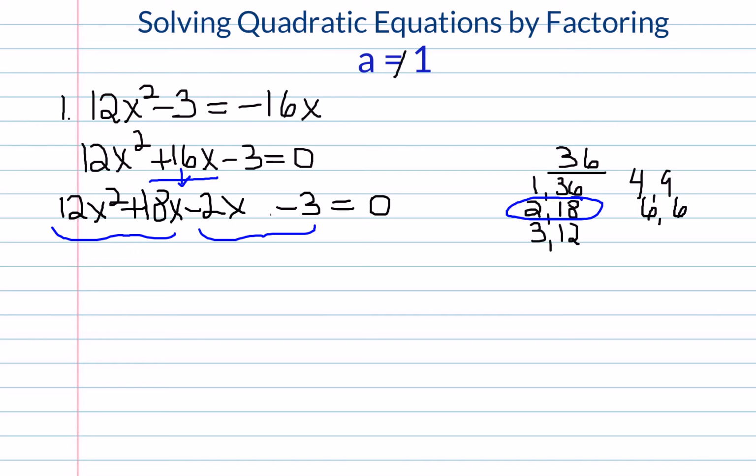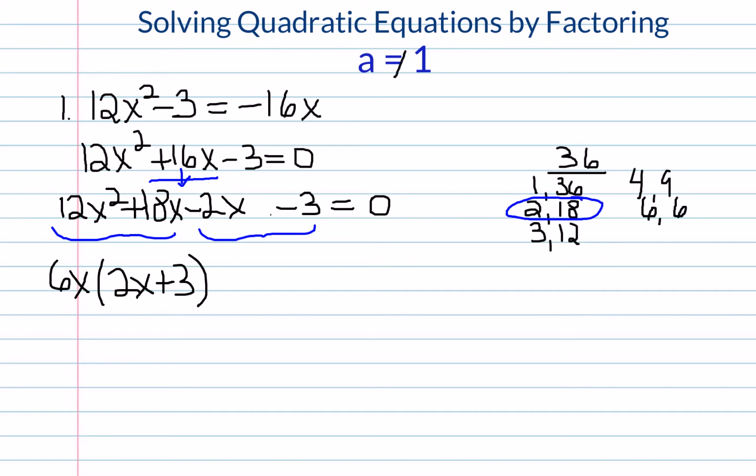The greatest common factor of 12x squared and 18x is 6x. If I take that out and then divide both of these terms by 6x, that leaves me with 2x plus 3. And that's exactly what I need to get.